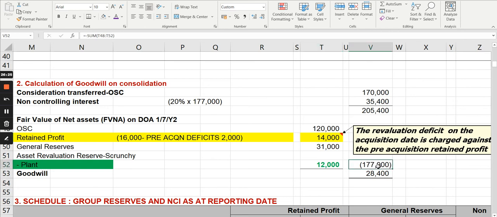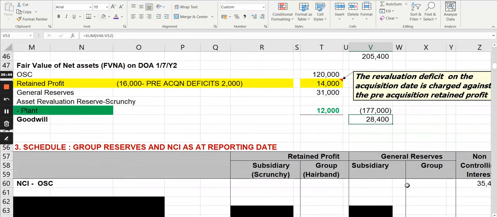So the total for the fair value of net asset is 177,000. Non-controlling interest will be measured at the proportionate share of the net asset in the subsidiary. So it will be 20% from 177. So you have the goodwill of 28,400.